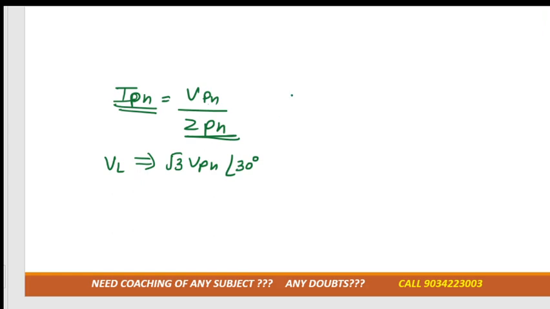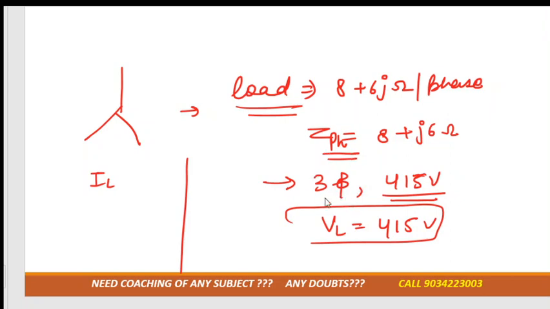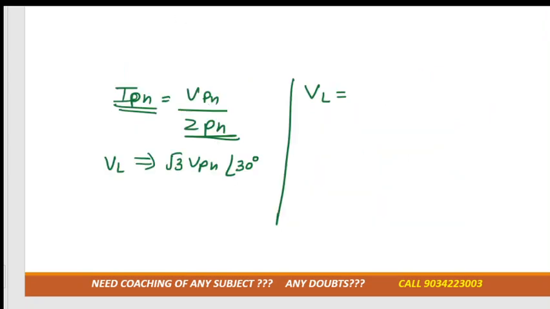But what have they given in the question, VL or VPH? They said voltage is 415 volt, and I told you if they never mention whether it is line voltage or phase voltage, then we'll always consider it as line voltage.